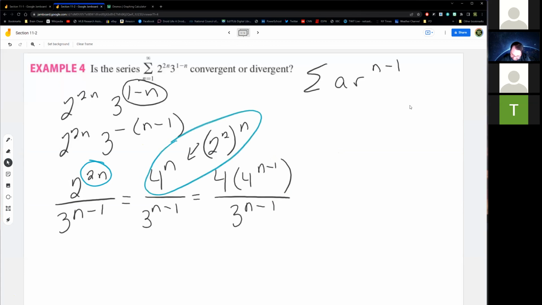All right. So that's 4 to the first power, right? And if I had 4 to the n minus 1, remember when we put things together, we add exponents? So that's still the same thing as saying 4 to the n, right? Does that part make sense?